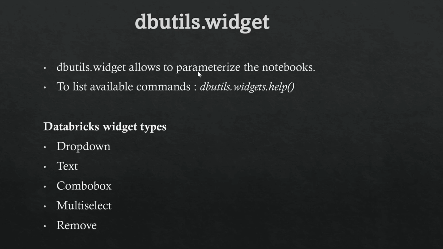You can also create a multi-select widget in which you can have multiple values and select several of them, and the values, when you fetch them, will be in a string format with comma-separated values.